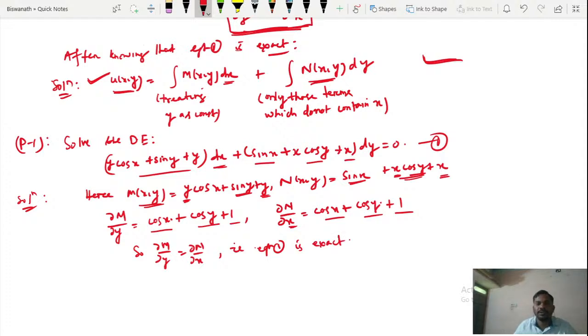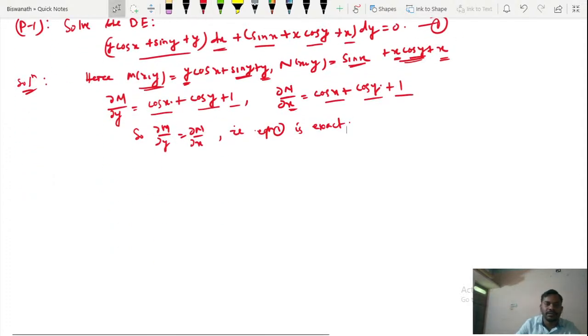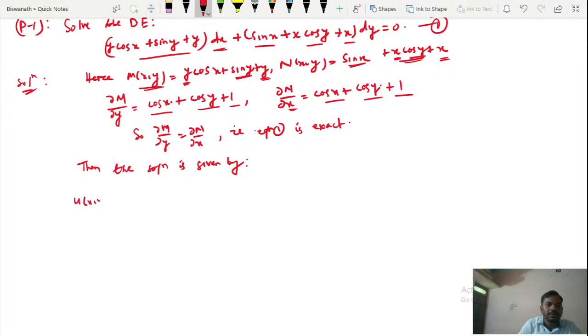So if equation 1 is exact, then how will we find the solution? Then the solution is given by, as I already told you, let the solution be u of xy.